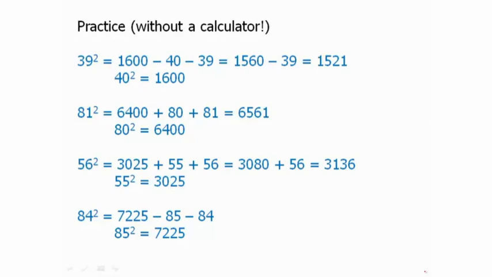I'll start by subtracting the 5s, then subtract the 8. 22 minus 8 is 14. So this brings us down to 7140 minus 84. So I'll subtract the 40, and then that will bring us down to 7100. And then I'll subtract the 44. That will bring us down to 7056.